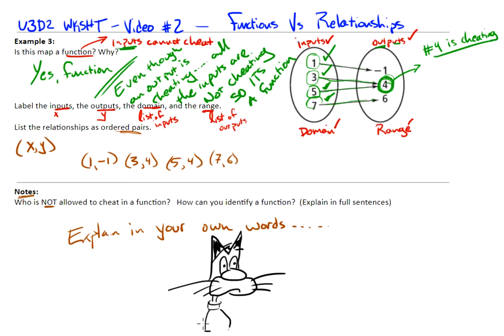I'm running out of room on the bottom here. Let's just give him a tail. And there's going to be our little kitty cat right there.